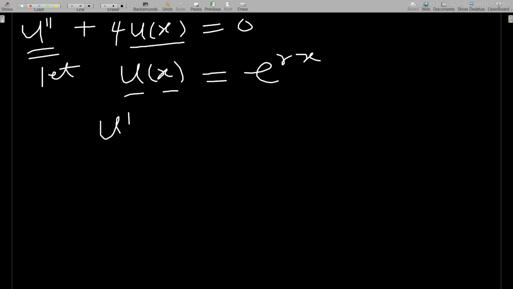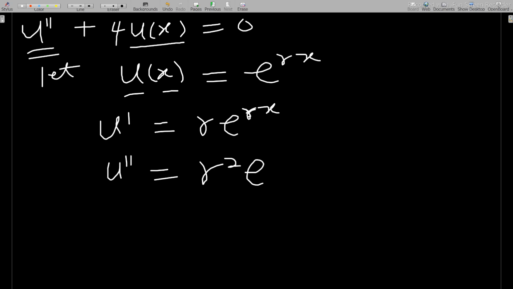So u prime of x will be equal to r e to the rx, because I'm just differentiating e to the rx with respect to x. Then u prime prime will give me r squared e to the rx. So I substitute these into this whole equation, let's call it equation alpha, okay?